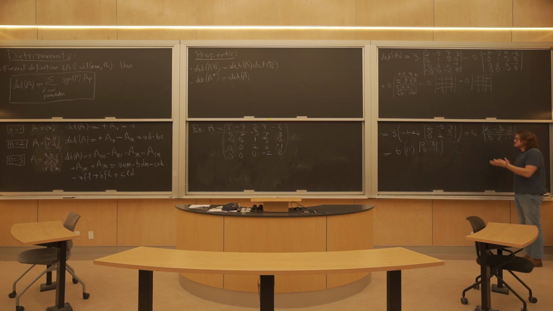And again, at this stage, it's clear what the determinant of this is. But just so that it is clear that we can apply the same reasoning until we reach a 1 by 1 matrix, we can keep going.